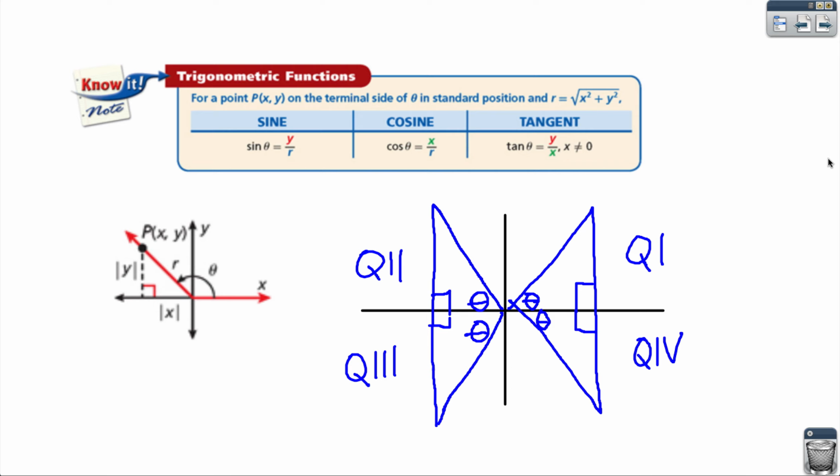What I want to share with you right now is how to use that information to generate illustrations on a coordinate plane. In your previous math classes, you were taught that these are the quadrants, the 4 different quadrants. However, in order to apply your trigonometric functions, we need to illustrate the following triangles.